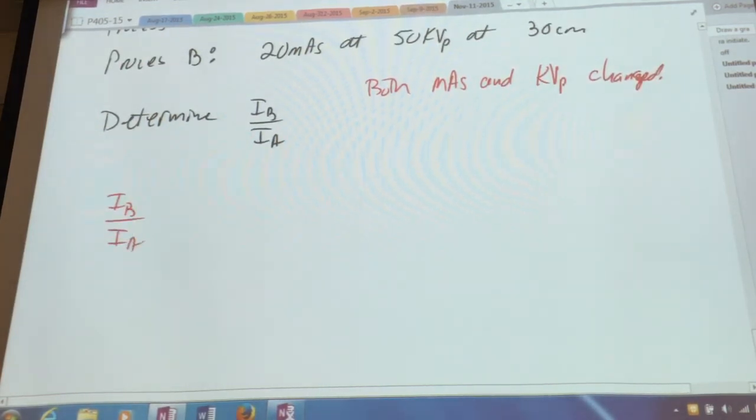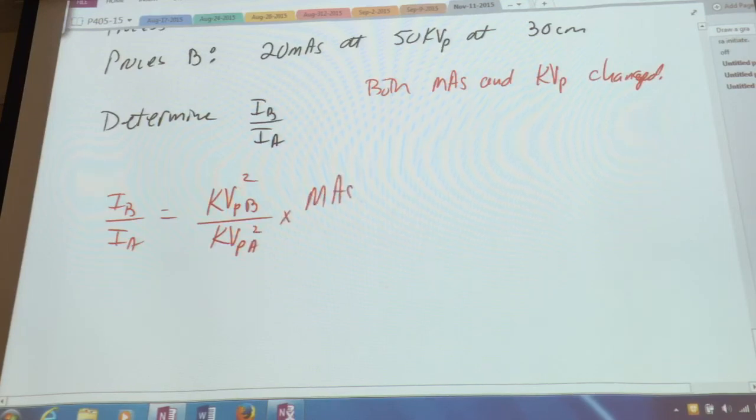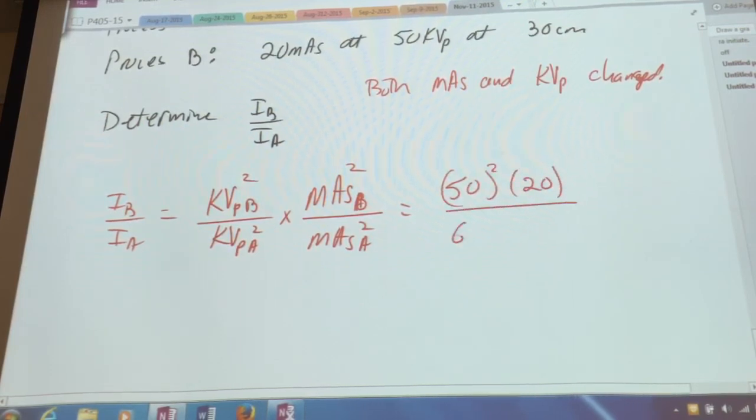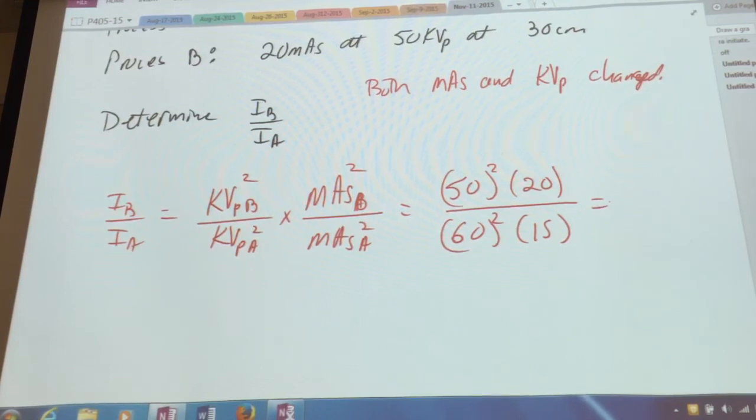IB over IA is going to be kVp B squared over kVp A squared, times mAs B over mAs A. And we get 0.926.